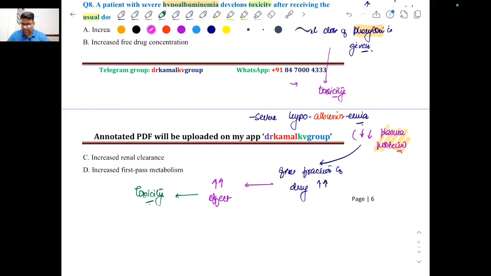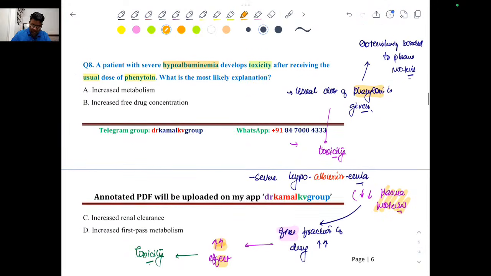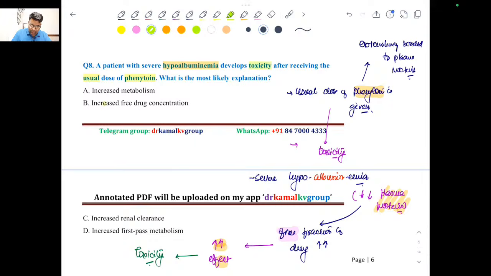So the only fact is that plasma proteins are less, and therefore the binding of the drug to the plasma protein is less, free fraction is more, and therefore the effect will be more. So that's the basic concept for this particular question. So here the free drug concentration will be more, and therefore the effect will be more.